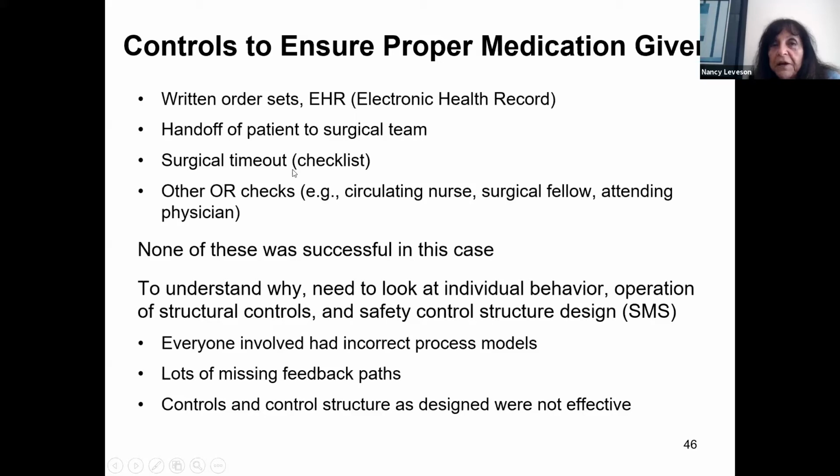There's this timeout I keep talking about. This is a checklist. All the pilots here are going to know exactly what this is. What happened is that hospitals have had a terrible time with patient safety, and they've tried all kinds of things. They sort of grab these little things.